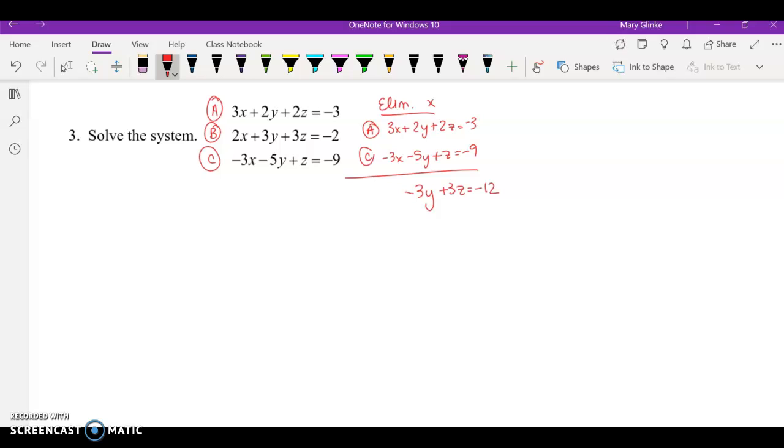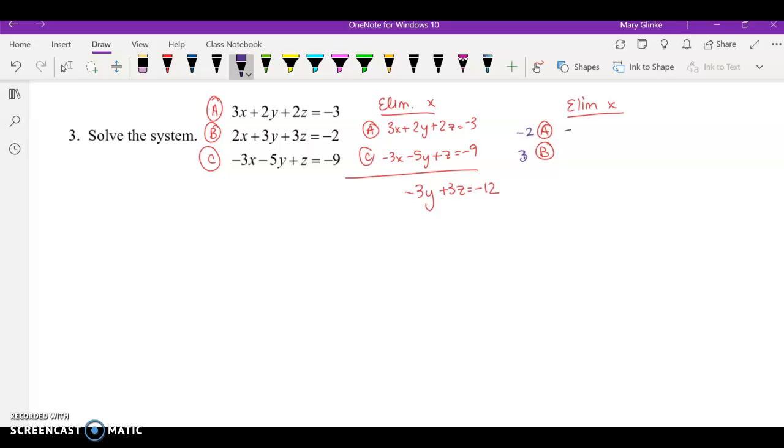Then you're going to do the exact same thing. You're going to eliminate x, same variable once again, but you're going to have to pick two different equations. So for this one, I'm going to take A and B, but I'm going to have to multiply A by negative 2 and multiply B by 3 in order to make the elimination work.